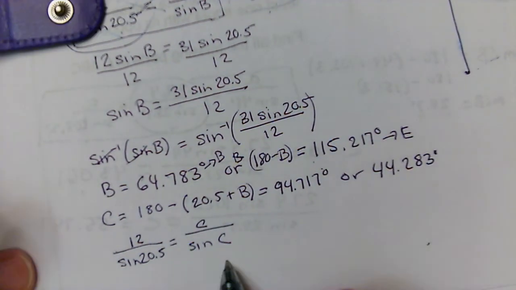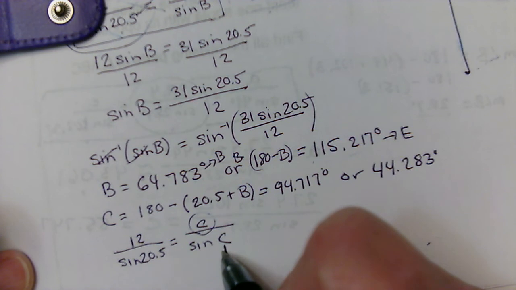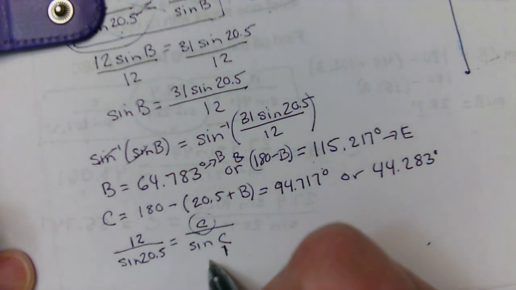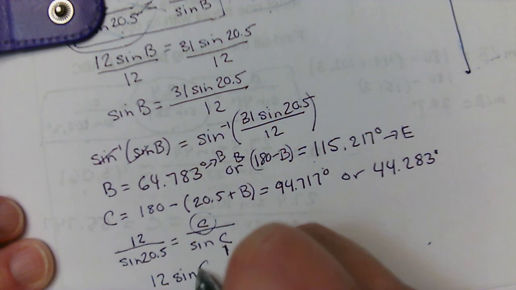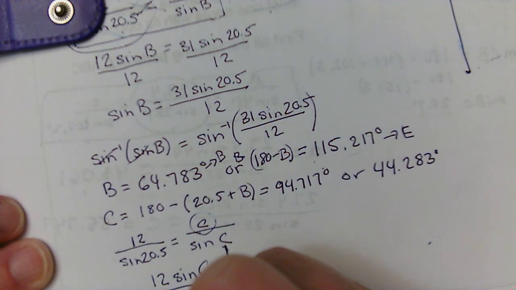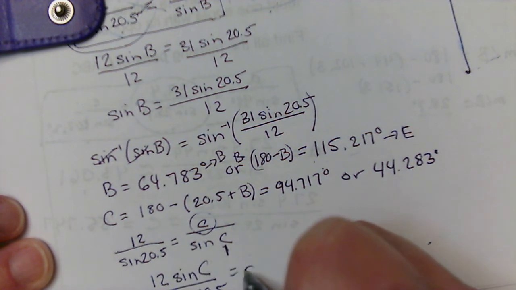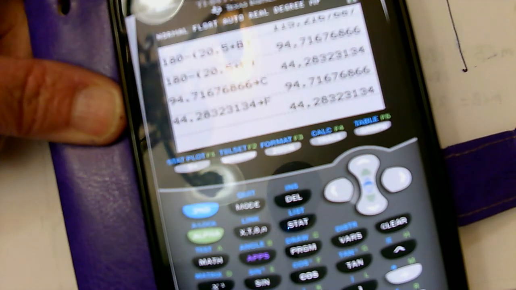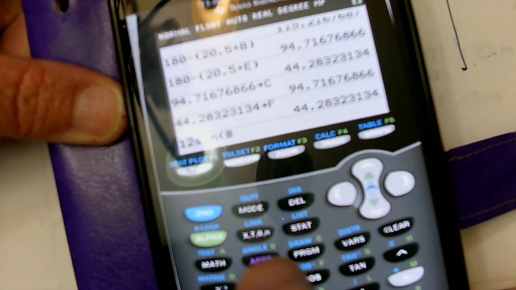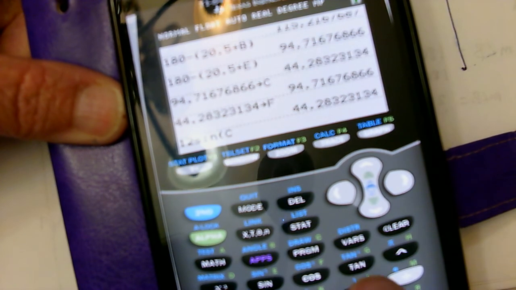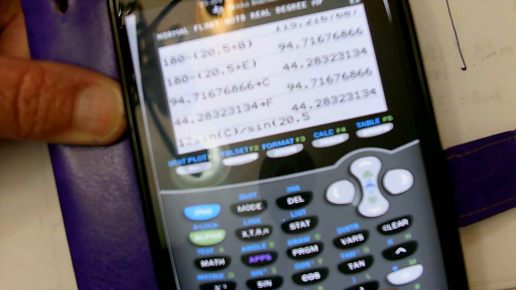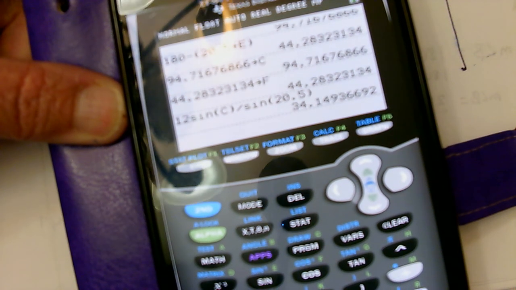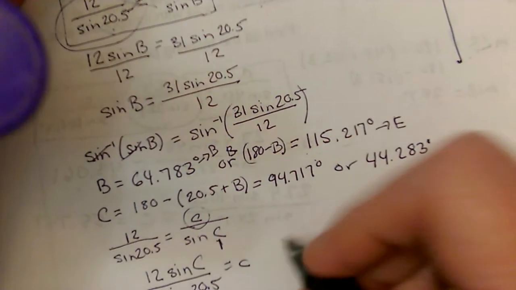So to get little c, because I know angle C now, I just need to multiply both sides by the sine of C. So I get 12 times the sine of C over the sine of 20.5 equals little c. So 12 sine of C divided by the sine of 20.5 is 34.149.